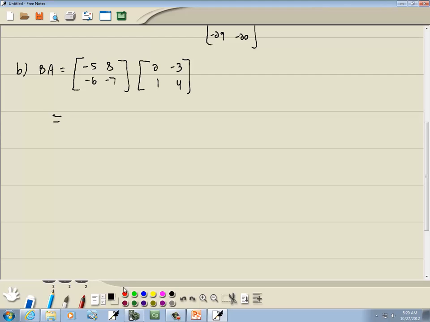Okay, so again, I'm going to take my first row, times my first column. So I have -5 times 2 plus 8 times 1. Then I'm going to take my first row times my second column.